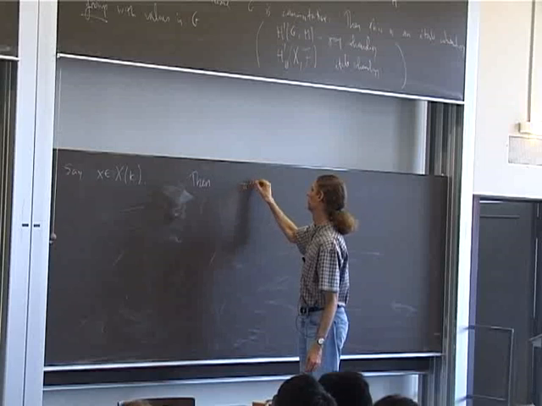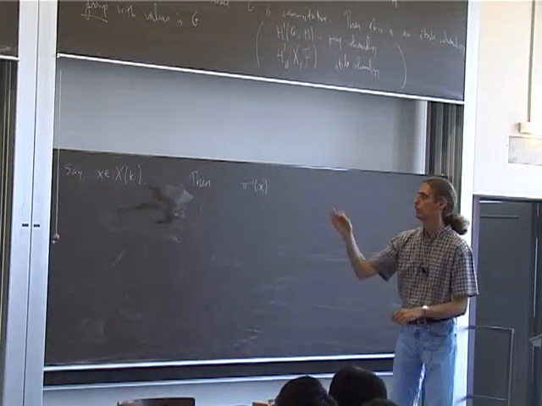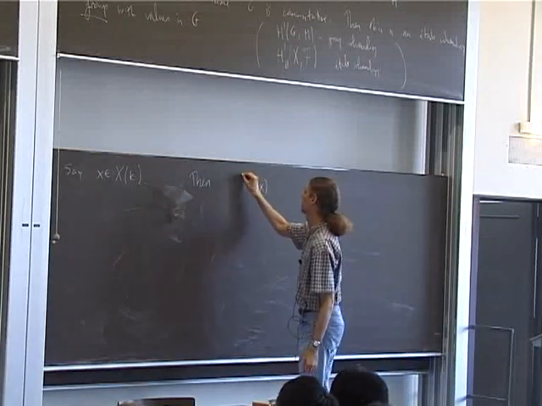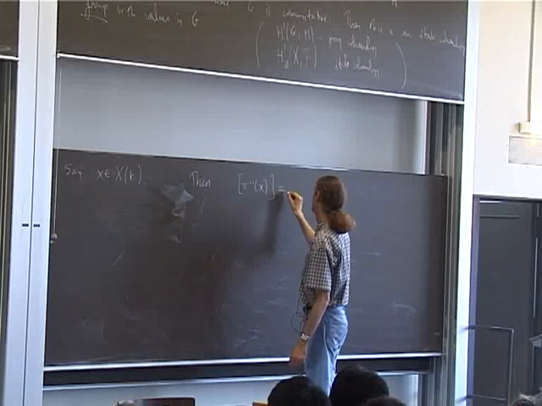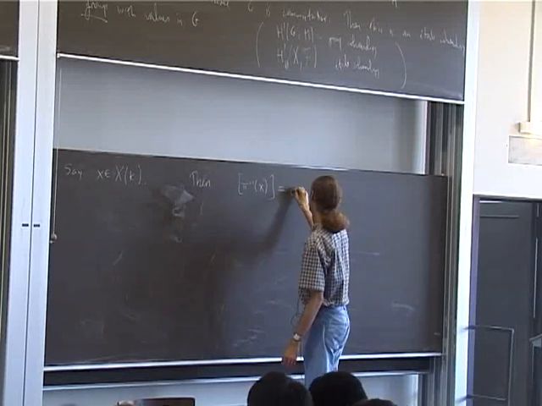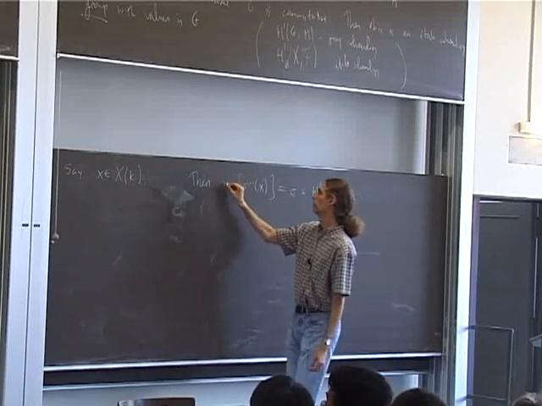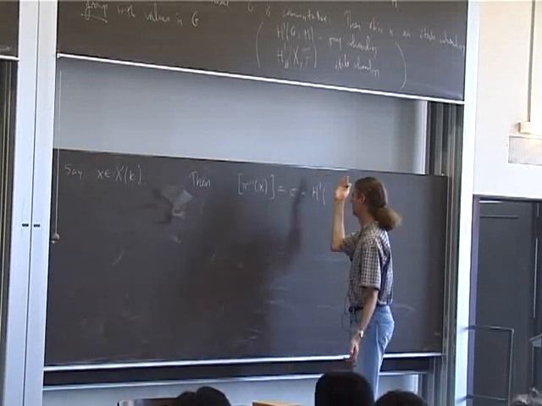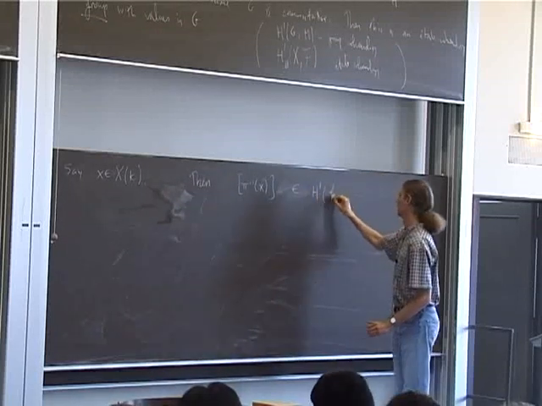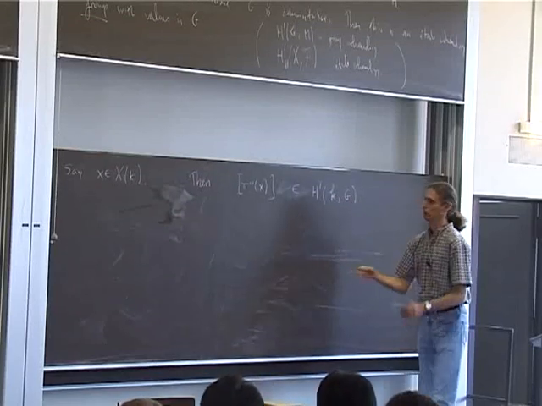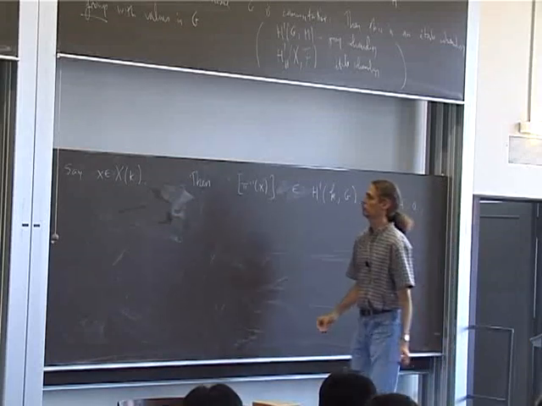The restriction is a G-torsor over k, so it has a class, so call it sigma then.